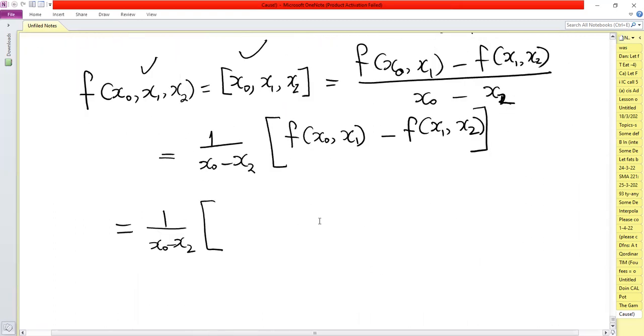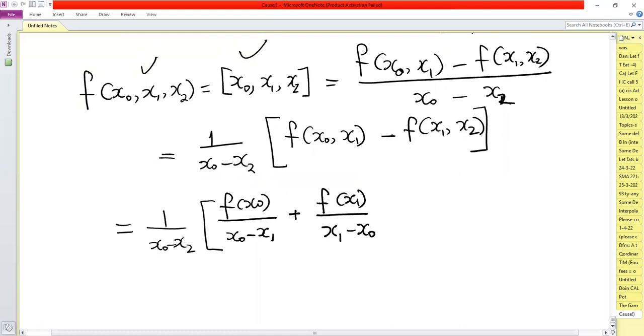So we write this one as f of x0 divided by x0 minus x1 plus f of x1 divided by x1 minus x0.